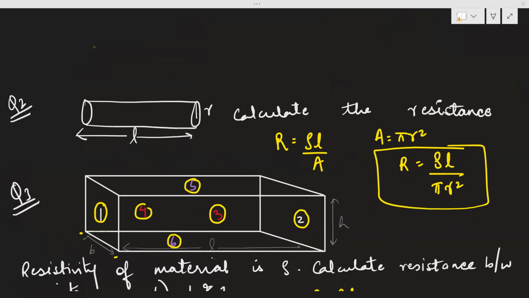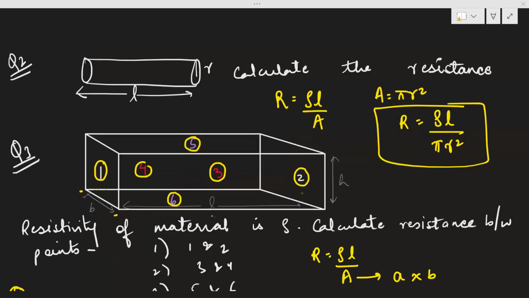Ma'am, how is it L into B? Where? Ma'am, in the third question.